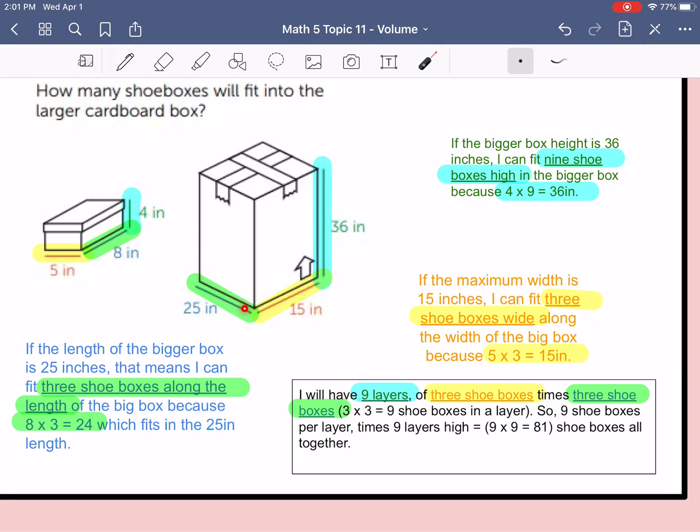That was the bottom here, so my base. Remember we talked about that? 3 here, 3 here. So that means my base has 9 shoe boxes in it. And then I have 9 layers high, so 9 times 9 gives me 81. I can fit 81 shoe boxes in my packing box.